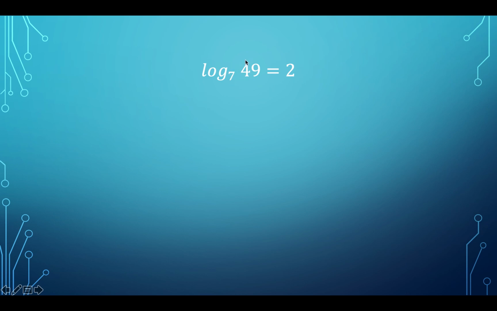So we know this is our base, we know this is our answer, and we know our 2 is our exponent. So exponential form is base, exponent, answer. Base is 7, exponent is 2, and our answer is 49.